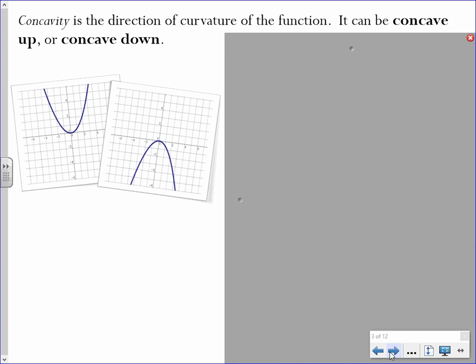Concavity describes the curvature of the function. And that is what was different about Sammy's second and third picture. One was concave up and one was concave down.